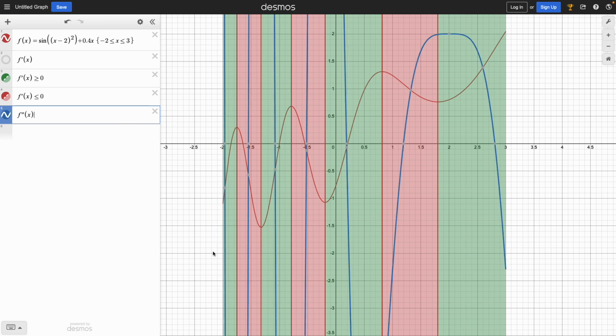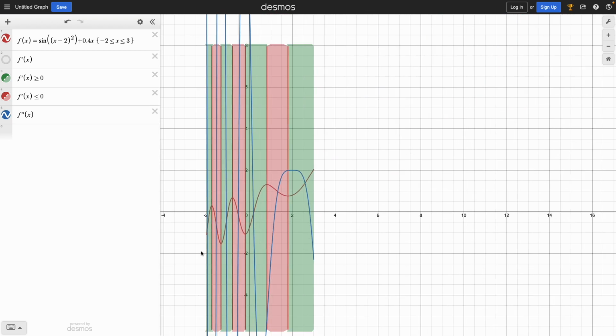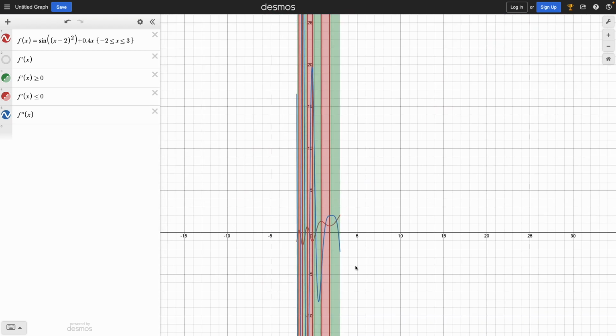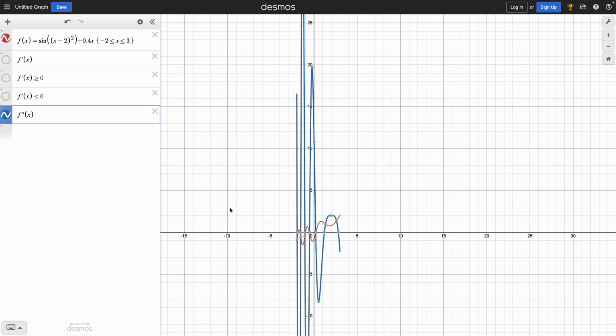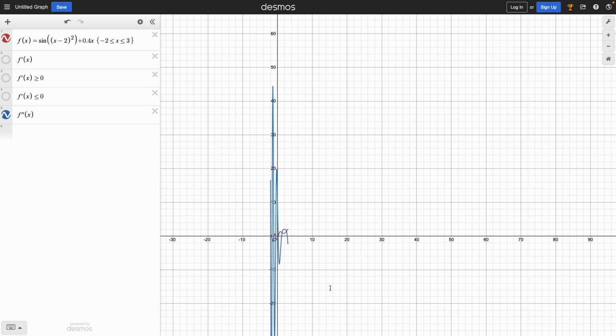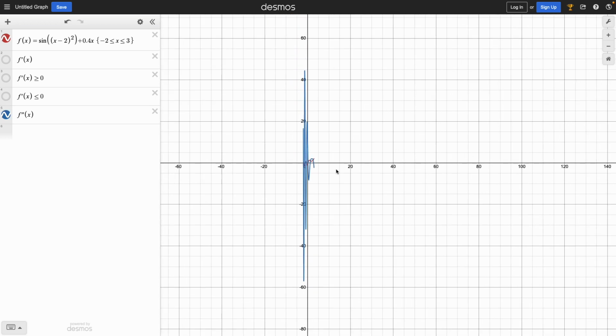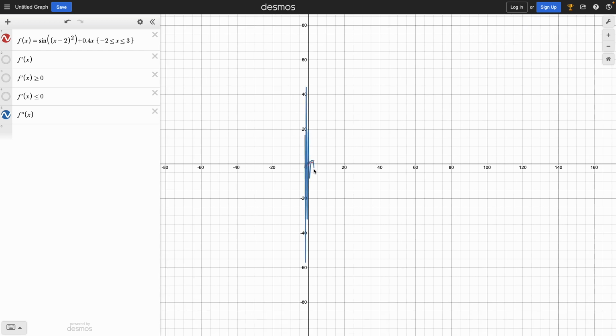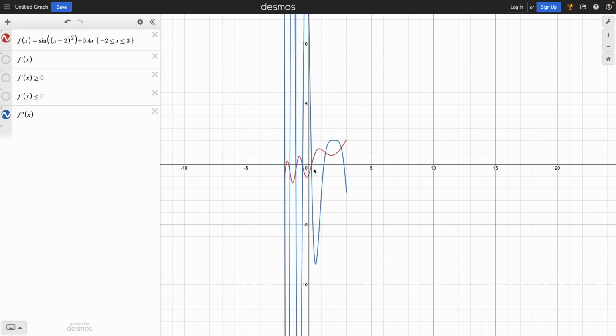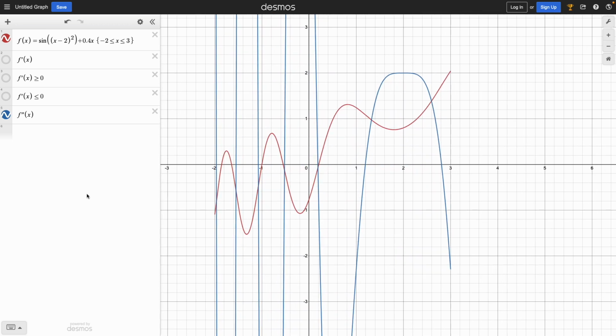So again, I have a blue curve which is a little bit weirder now. Let me turn off the other part. So this is the second order derivative function, which is a little bit more radical than the first order derivative, but I don't care about the values for now.